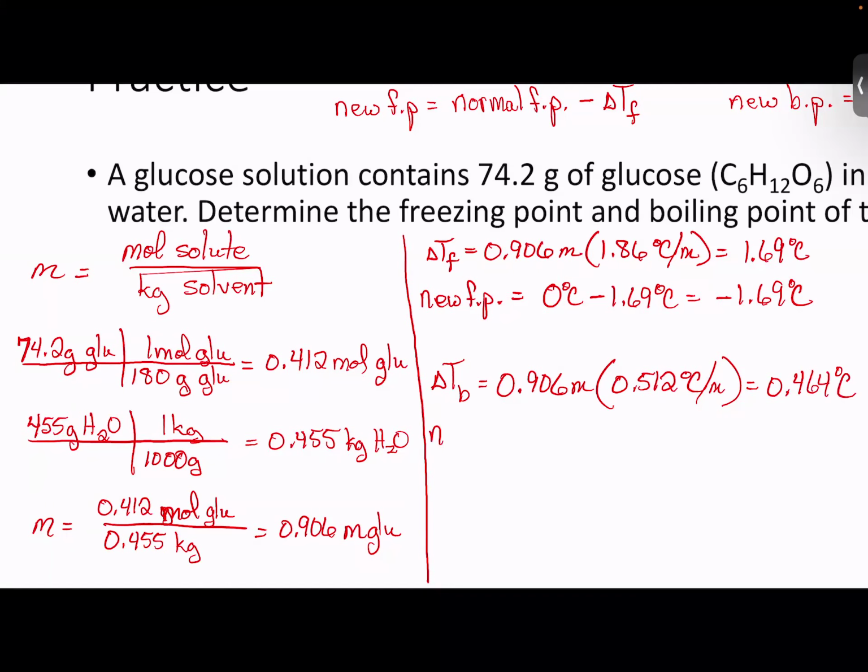So our new boiling point is going to equal 100 degrees Celsius plus 0.464, or in other words, 100.5 essentially degrees Celsius.